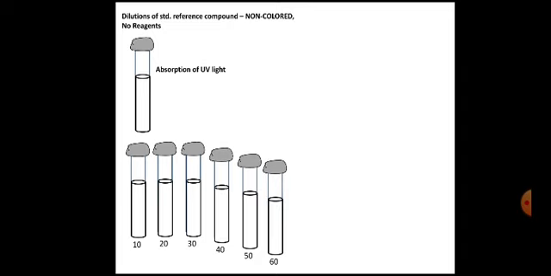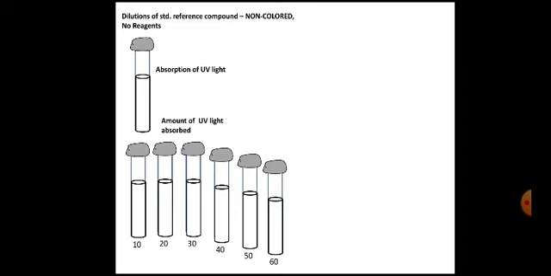Then expose these dilutions to the spectrophotometer, in which each dilution will be exposed to a specific ultraviolet light wavelength, and determine the amount of UV light absorbed. In earlier cases, we determined the amount of visible light absorbed in terms of optical density.